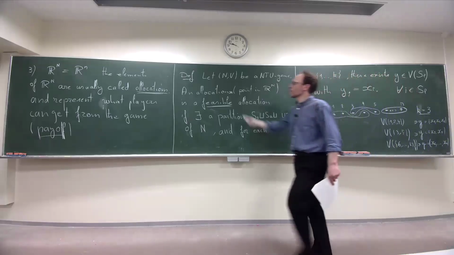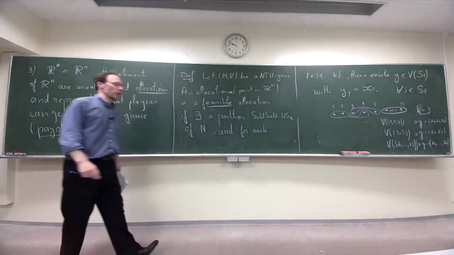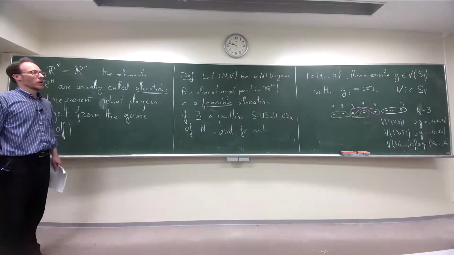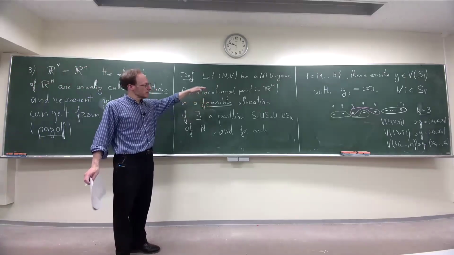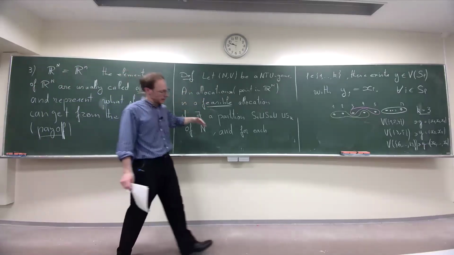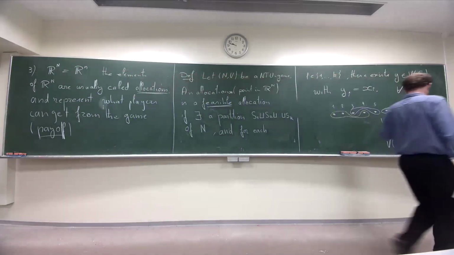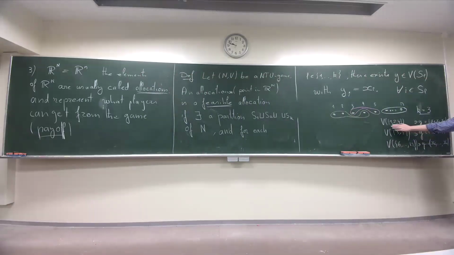So you should come back to the example which was before on the blackboard and see what it means. Not all points are feasible. It means each coordinate has to be precisely in one of these subsets. And if it is satisfied, then it's called feasible.